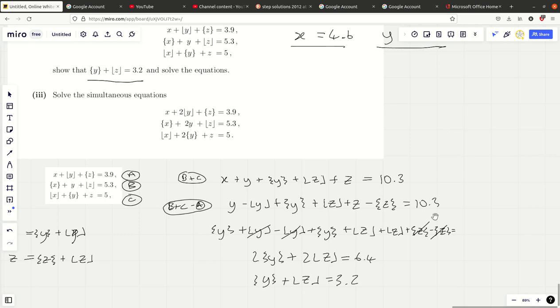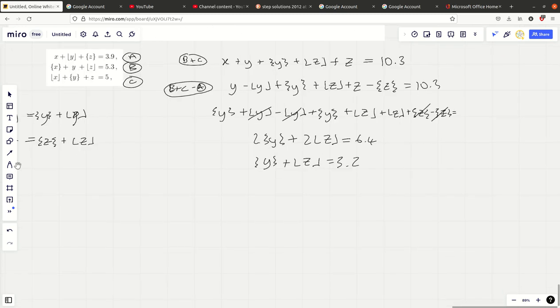Cool. And now we can do the trick which we did in the first one. We can just say, okay, well, the integer part of z must be 3, and the fractional part of y must be 0.2. That you can see just from this equation. Okay, right. So using that, it's probably best that I think about how this helps me looking back at these equations over here.